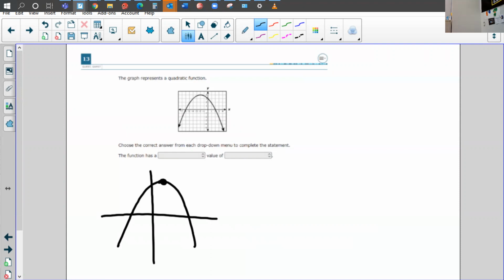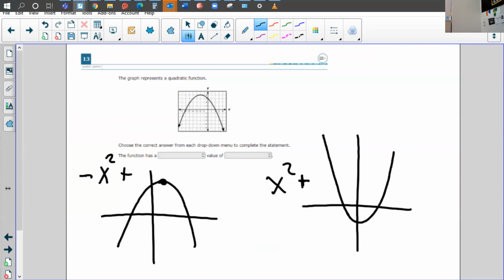And so remember, for these kinds of graphs, you're looking at minus x squared plus something. The minus means that you have a maximum. If it's just x squared plus, say, 4x or whatever, x squared plus something, then you're going to have a minimum. The graph looks like this, minimum right there. Just remember that.